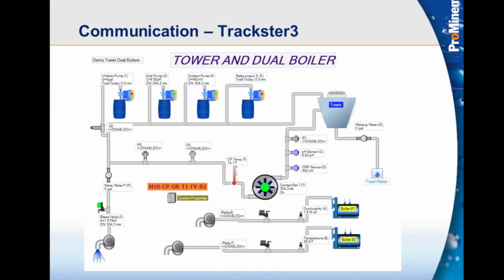One more picture again. These can be edited by the user so that they fit their particular system. This one has one cooling tower and 2 boilers, all on one controller.